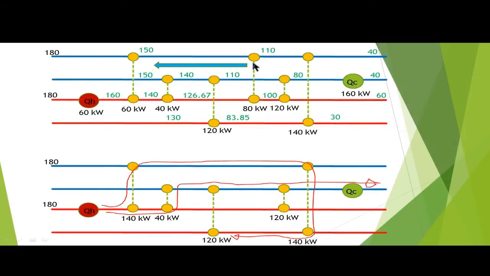okay, now let's draw it nicer here. So we would like to move that heat exchanger, transfer all the load here to that one. If I transfer the load here to that one, this means this heat exchanger will be able to transfer heat between these two streams up to 60 plus 80, so it becomes 140 kilowatt.